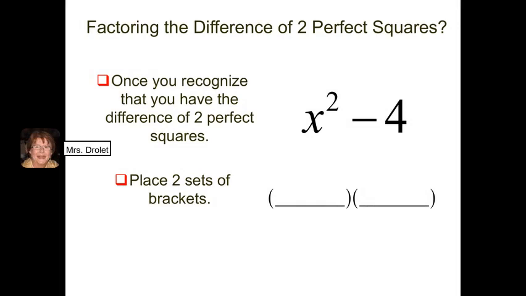So first thing, whenever you're asked to factor or whenever in problem solving you need to factor, you've got to recognize that you have the difference of two perfect squares. That's the first thing you've got to do. Then place two sets of brackets to represent your two factors.